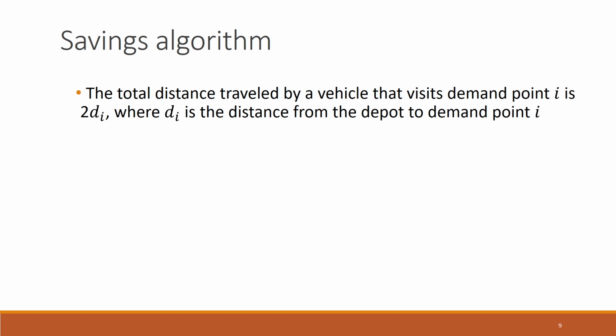So, suppose the total distance that is travelled by a vehicle that visits demand point I is 2 di, where di is the distance from depot to the demand point I. Okay, so, we are assuming that suppose this is the depot node here and this is a point I here, okay.